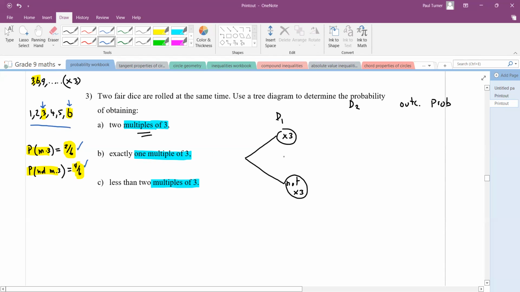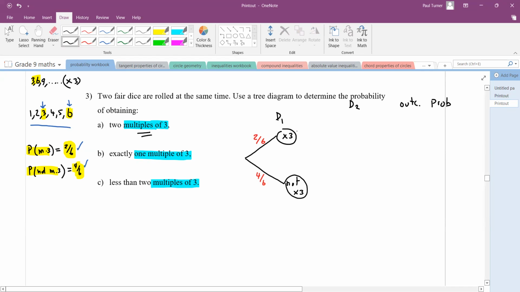So we start to make our diagram, and I've already partially made one. So the first die can either be a multiple of 3, which would be 2/6 as the probability. And not a multiple of 3 is 4 out of 6 there.